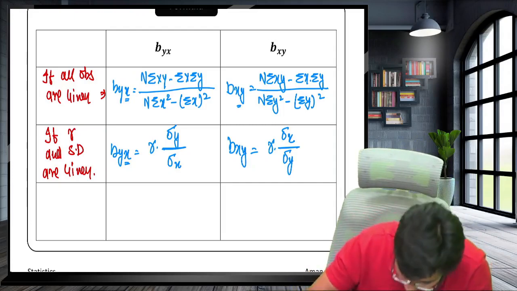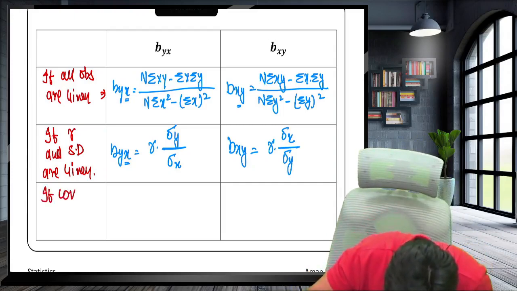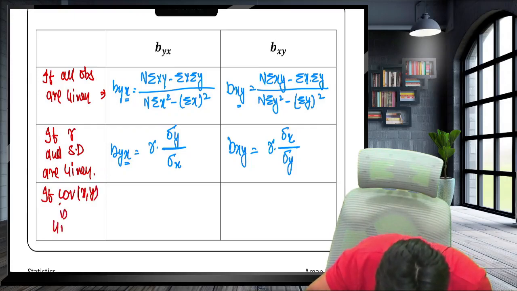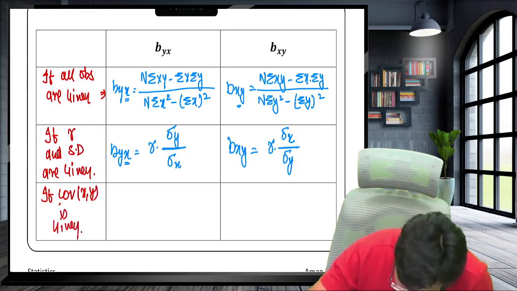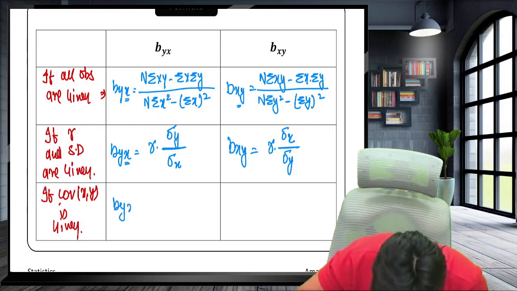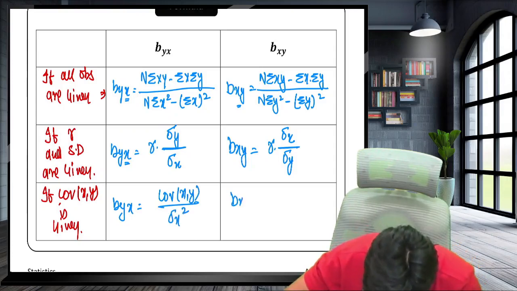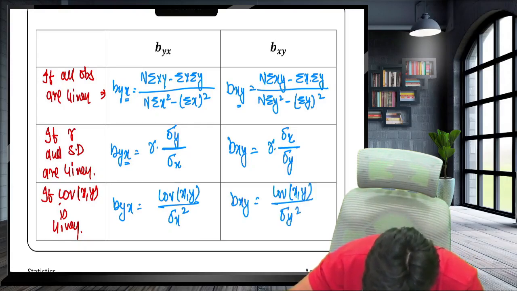Now, the third formula: if covariance between x and y is given, then prefer the last formula. b y on x is equal to covariance between x and y divided by standard deviation of x whole square, and b x on y is covariance between x and y divided by standard deviation of y whole square.